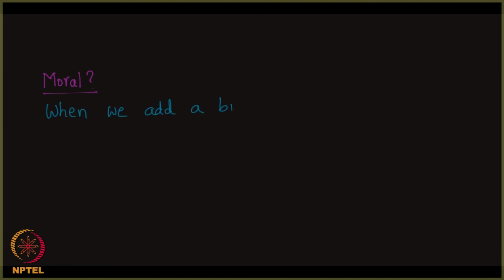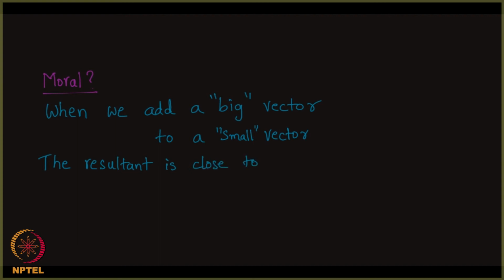When we add a big vector to a small vector, the resultant vector is close to the direction of the big vector, big in quotes, right? Perfect. Although pretty obvious, you will even be wondering, why did I even have a lecture on this? Such a simple concept. This plays a key role in understanding the convergence of the matrix that we discussed previously.